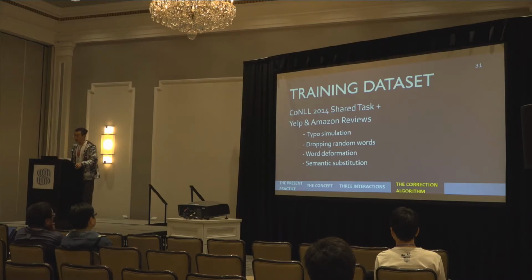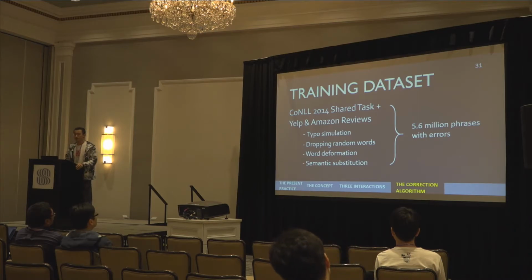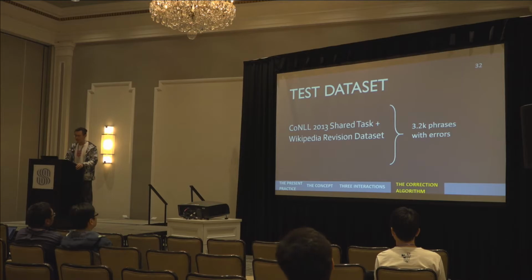Then dropping random words, word deformation, and using word2vec to apply semantic substitutions. Together, we have over 5 million phrases with errors for training. For the test dataset, we use CoNLL and the Wikipedia revision dataset, over 3K phrases with errors.